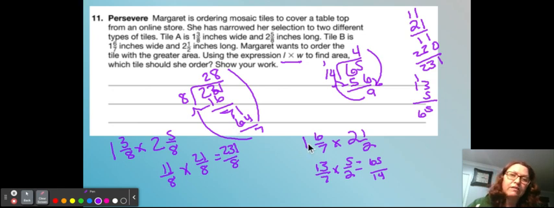Okay. 13 times 5 is 65. 7 times 2 is 14. 65 divided by 14. Yeah. Makes sense. So, which one has the greater area? Well, this first one has quite a bit bigger of an area right here.